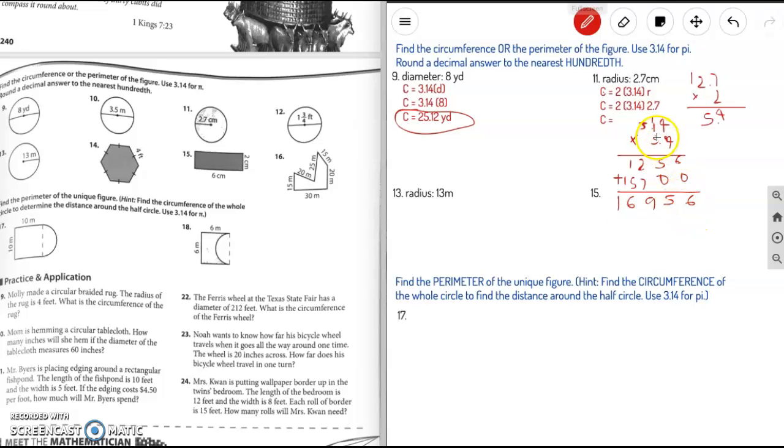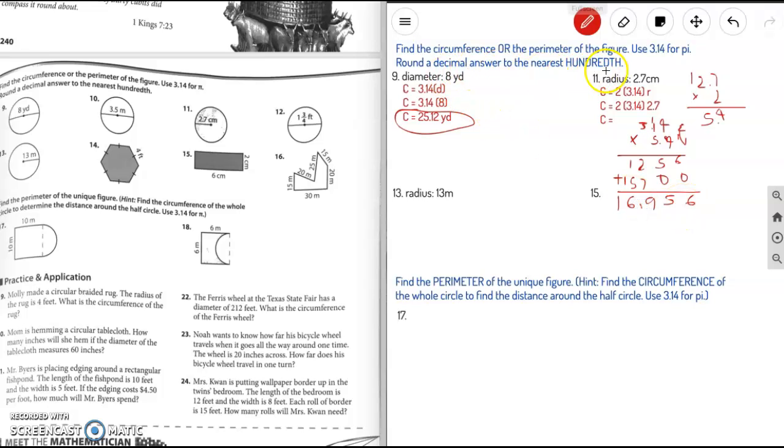All right. Let's see. 1, 2, 1. So remember, there are 2 digits after the decimal point here, and there's 1 digit after here, so 2 plus 1 is 3.